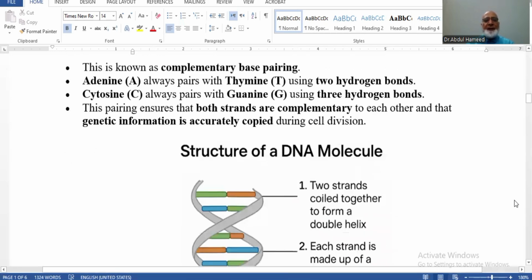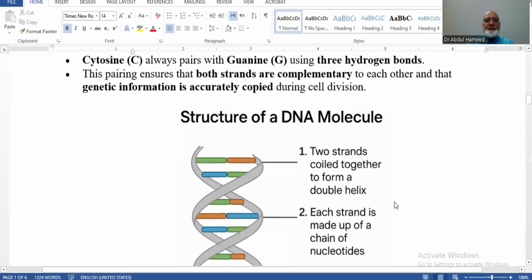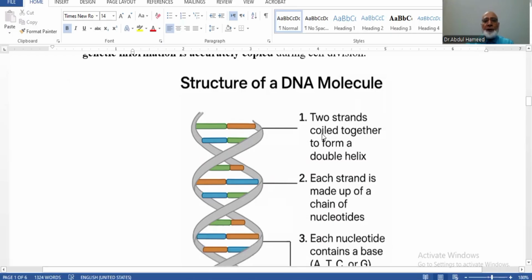Keeping the DNA structure information at O-level, this coming diagram is very informative and up to the level of O-level. The structure of a DNA molecule: two strands coiled together to form a double helix, one strand, second strand.